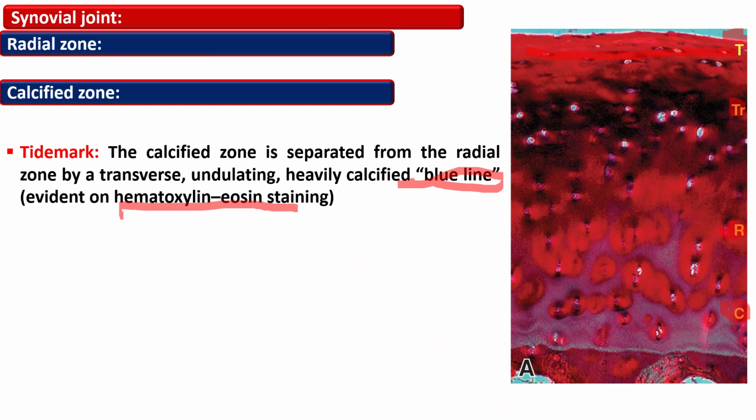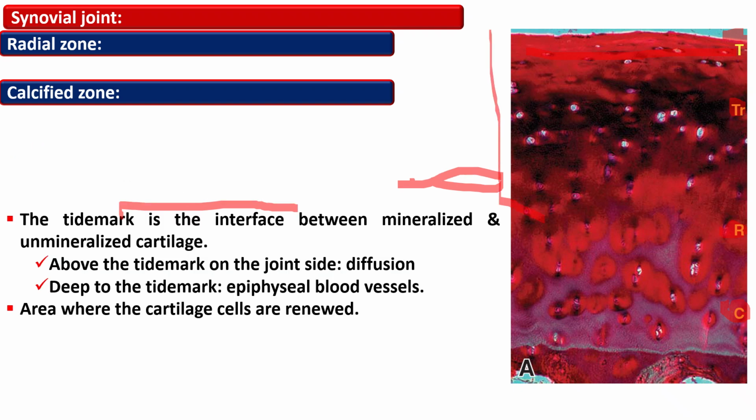This tide mark is the interface between the mineralized and unmineralized cartilage. The area above this tide mark gets its blood supply from the process of diffusion, while the area below this blue line gets its nutrition from the epiphyseal blood vessels, and this is the area where the cartilage cells are renewed continuously.